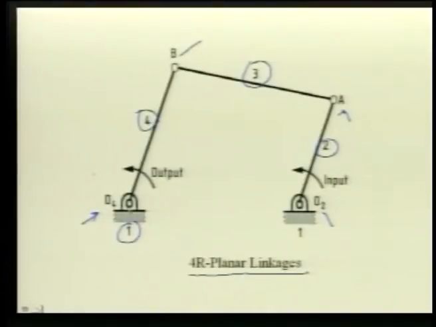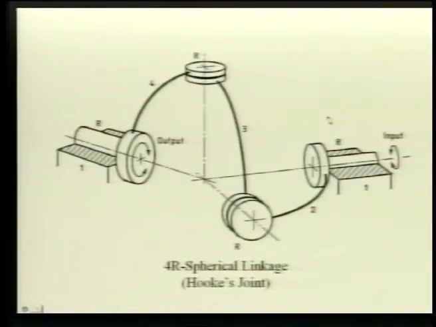The input shaft at O2 and the output shaft at O4 are parallel. Not only that, all the 4 revolute joints at A, O2, O4 and B have parallel axes, perpendicular to the plane of motion.